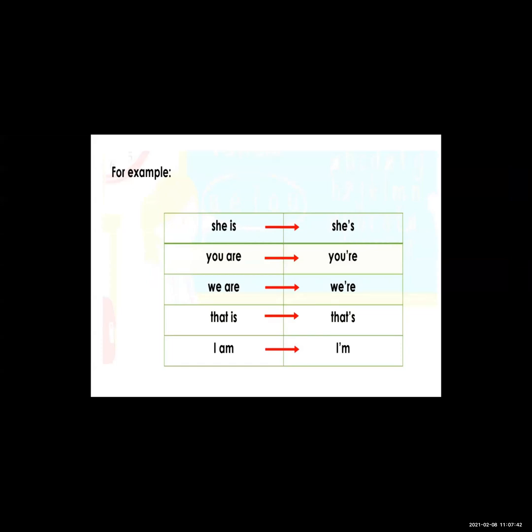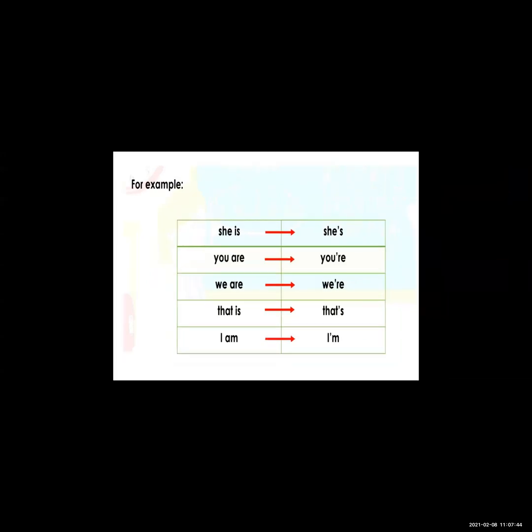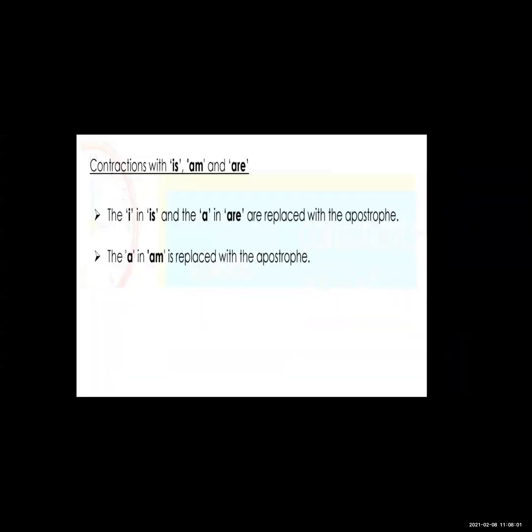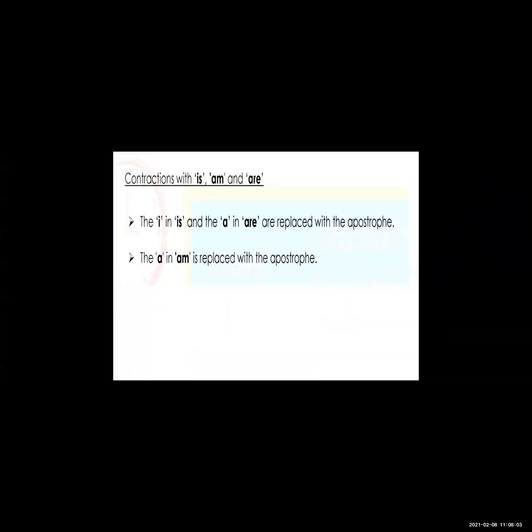What is the formula? What is the rule? See here, our rule is: the I in is and the A in are are replaced with the apostrophe.